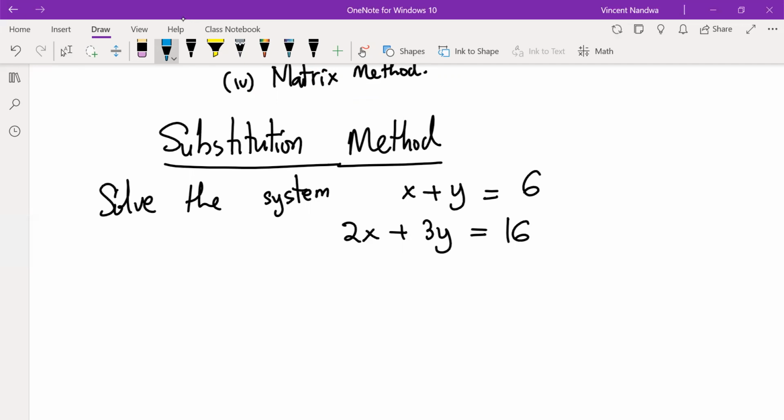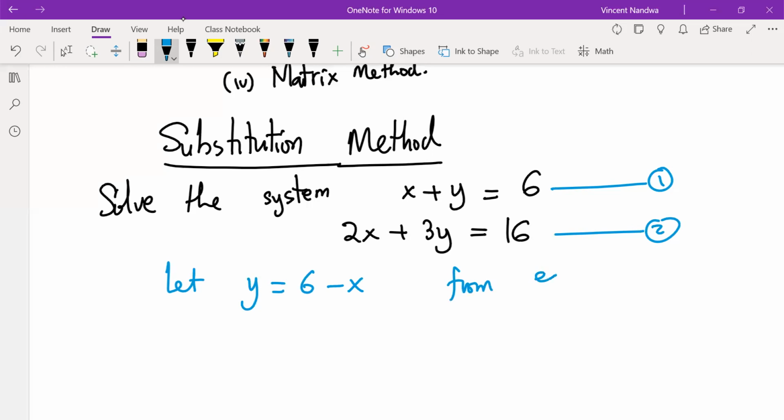So this is what I mean. For this example, if we call this equation 1, this one equation 2, we see that from equation 1, it is very easy to make y the subject, or express y in terms of x, or even vice versa, x in terms of y. So we let y to be 6 minus x. This is from equation 1.